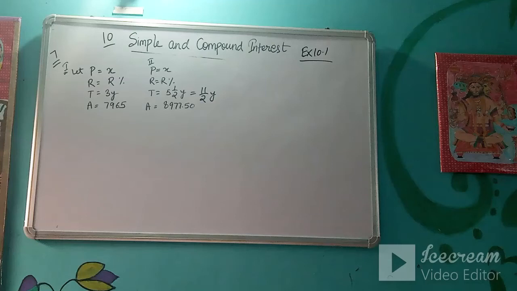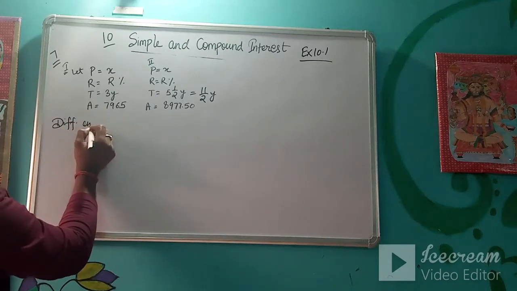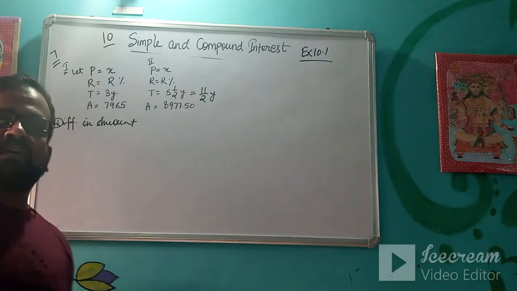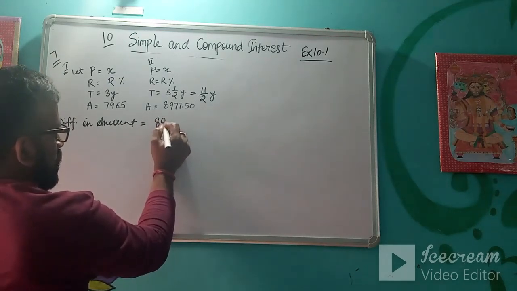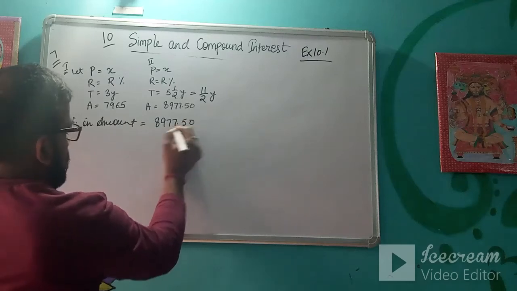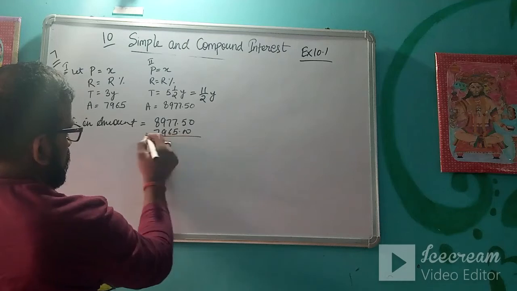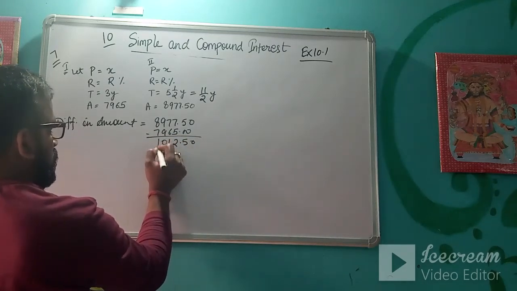So how to solve this question? First we will calculate the difference in amounts. Since we know that simple interest is directly proportional to time, we will calculate the difference in amount, so this will be 2101.50.